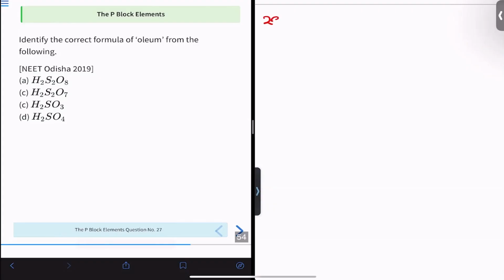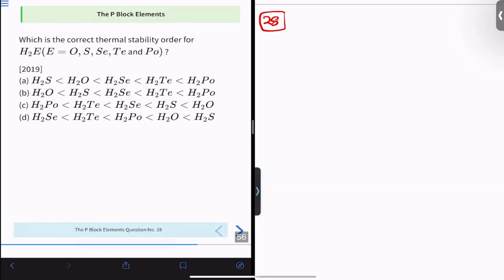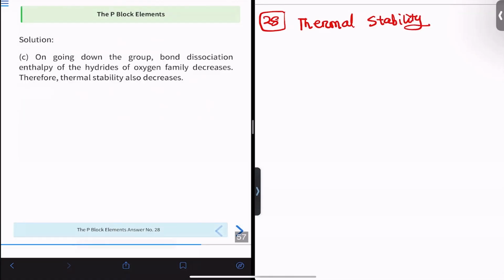So moving on to question number 28. Question number 28 says, which of the following has a correct thermal stability? Which one of the following has a correct thermal stability?